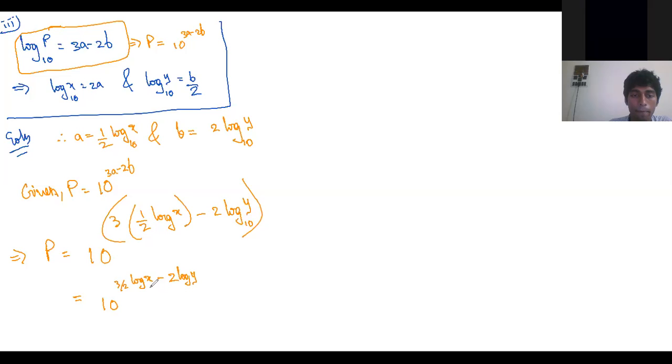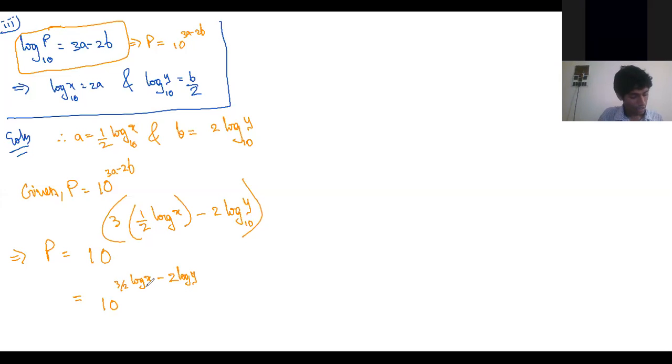Then the next step will be 10 to the power log root x to the power 3. Okay. How did you tell that it is root x power 3? Sir, because according to the power law, when something to the power is there, that is multiplied with the logarithmic expression.